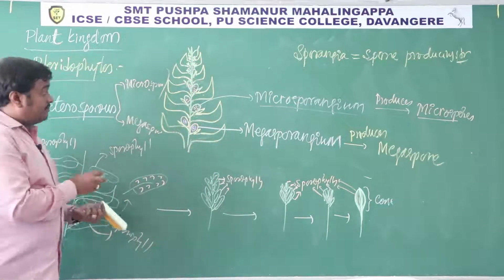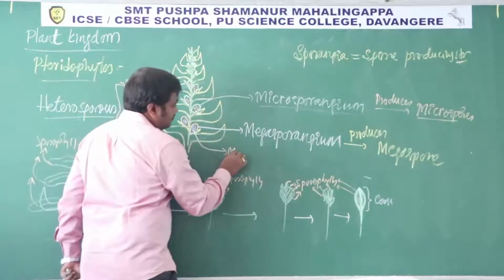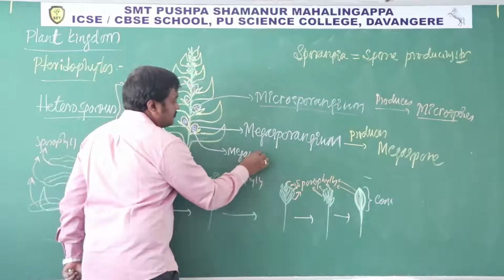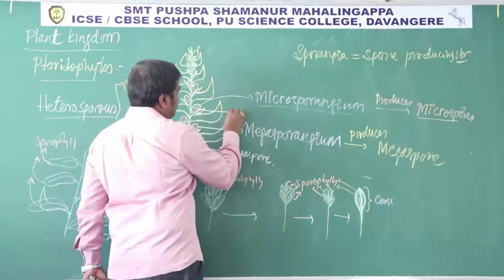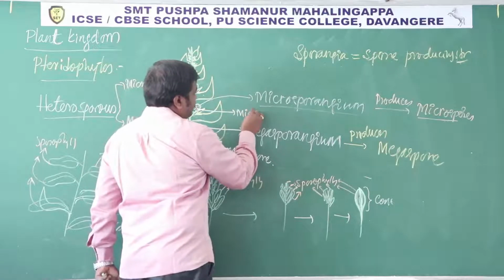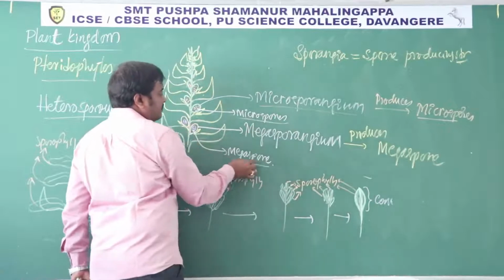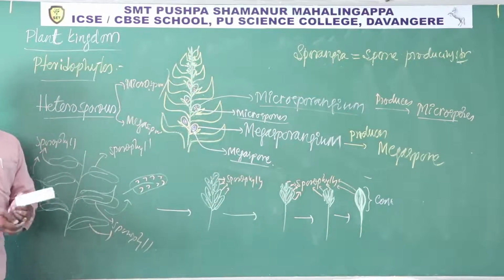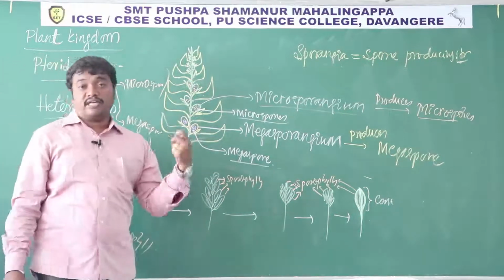Okay, so let me label it. This megasporangium contains megaspore. Microsporangium contains microspores. Hope you understand the difference between homosporous and heterosporous pteridophytes.